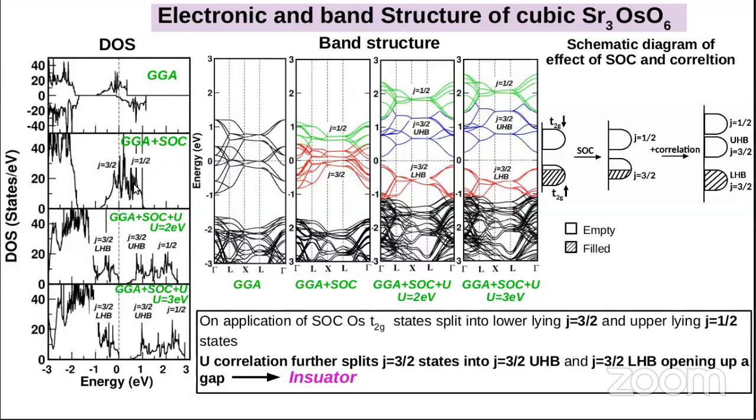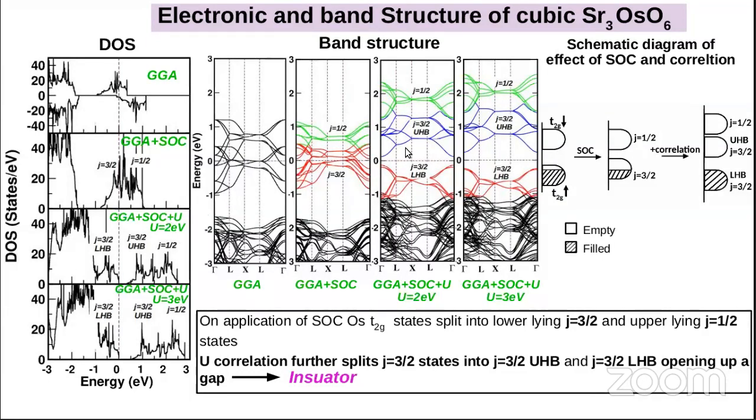Switching on SOC also gives a metallic nature, however it breaks into J equal to 3/2 and J equal to 1/2 states. With the inclusion of Hubbard correlation, a gap opens between the J equal to 3/2 lower Hubbard band and the J equal to 3/2 upper Hubbard band.